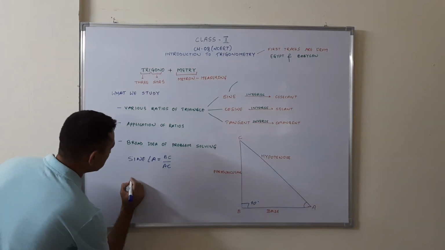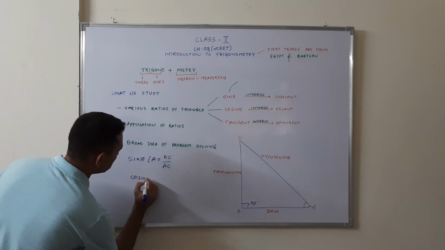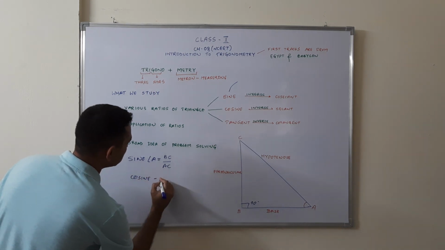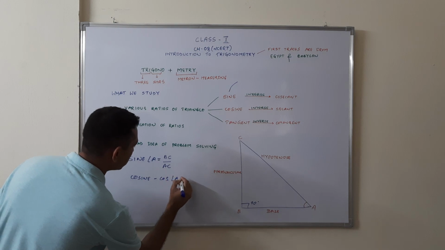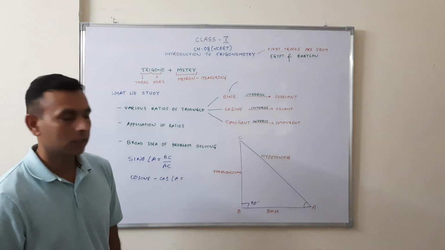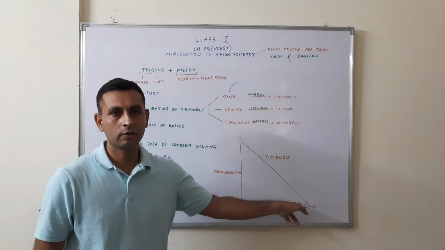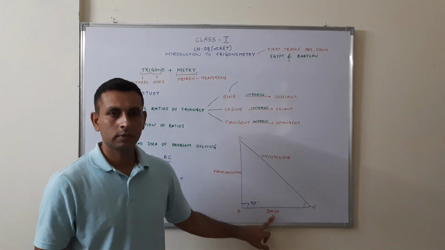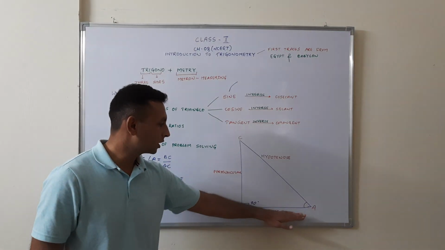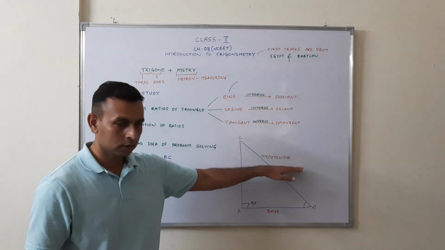When I take cosine, cos of angle A is nothing but base upon hypotenuse.